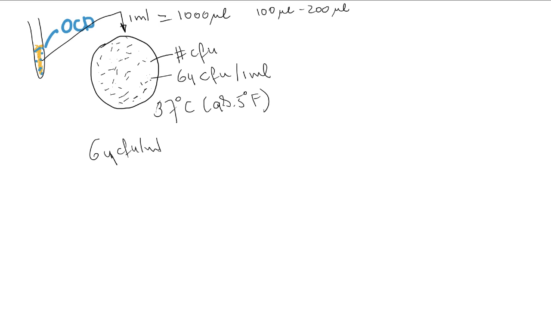You can't tell them apart. That would be what we call too numerous to count, so we can't figure out the cell density either. We've got to come up with a different mechanism.